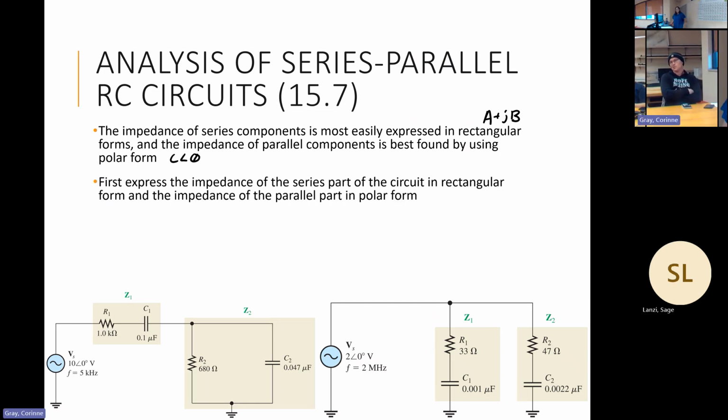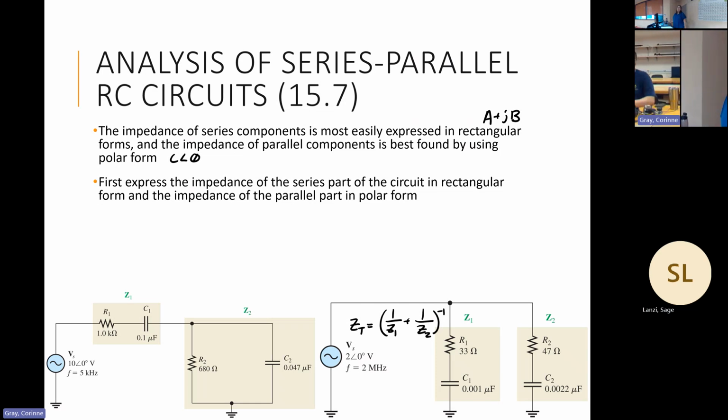So typically first we'll want to express the impedance of the series part of the circuit in rectangular, the parallel part in polar, and combine them. The reason we'll want to keep our parallel parts in polar is, let's say we're doing the right circuit here where we have the two in parallel. To find ZT, I'd have 1 over Z1 plus 1 over Z2, inversed. By having it in polar, it's a little bit easier to do the math.